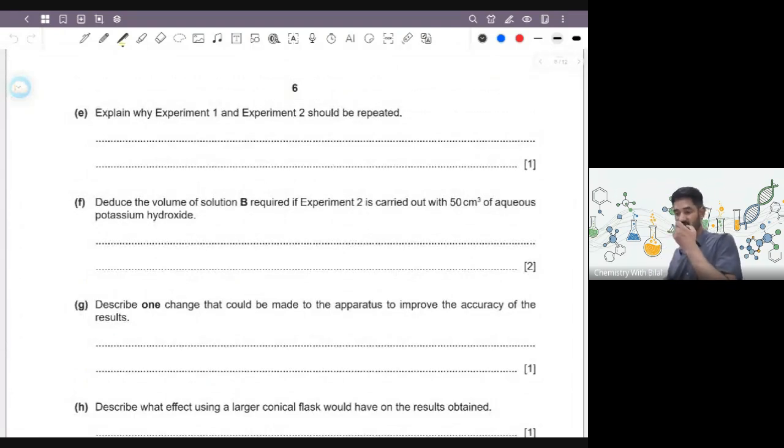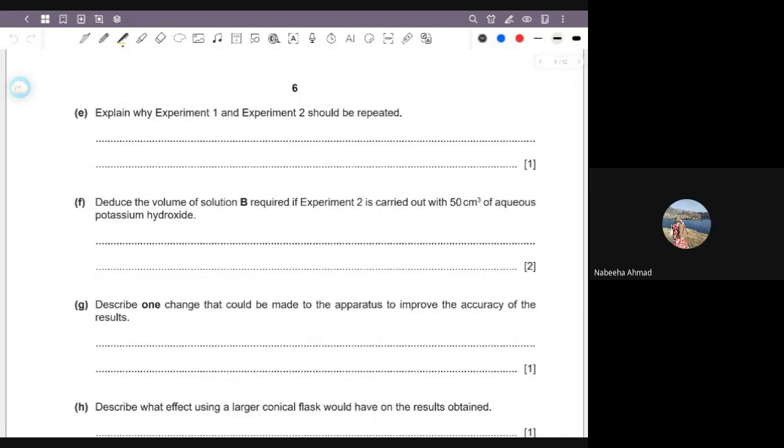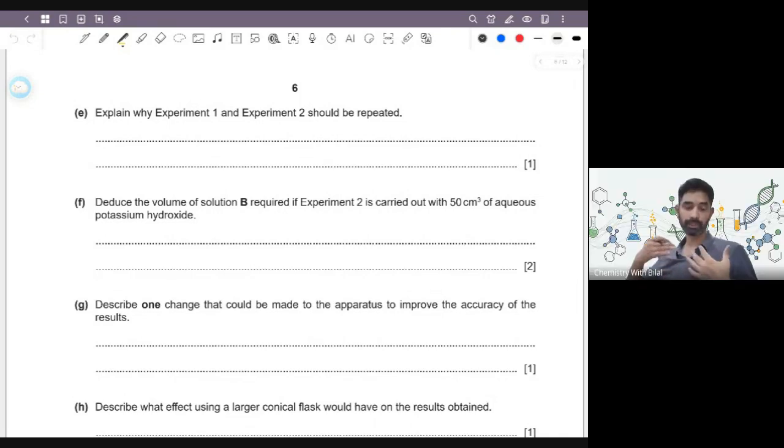Explain why experiment 1 and experiment 2 should be repeated. So why do we repeat the experiment? To identify anomalies, or to get more reliable results.